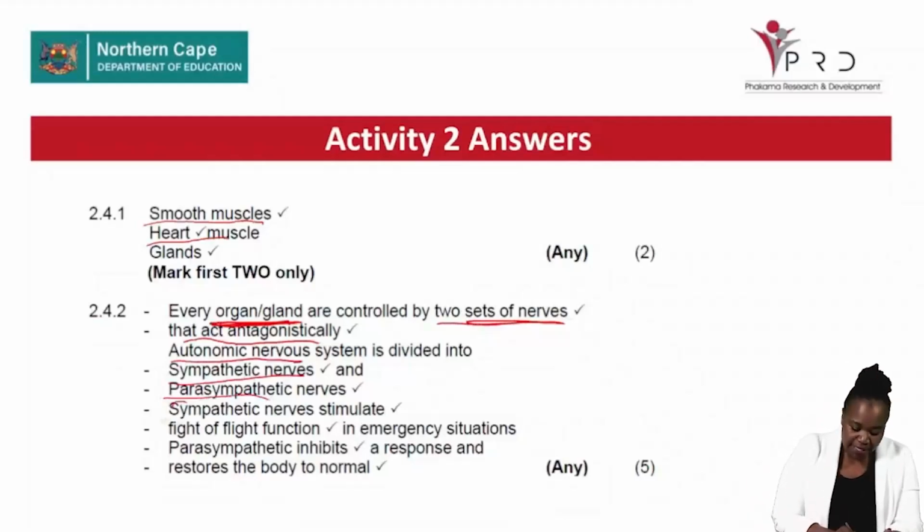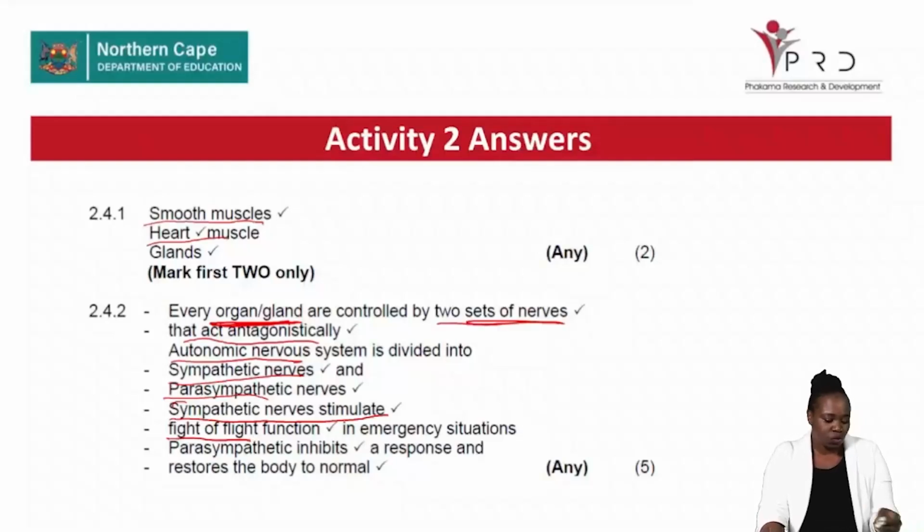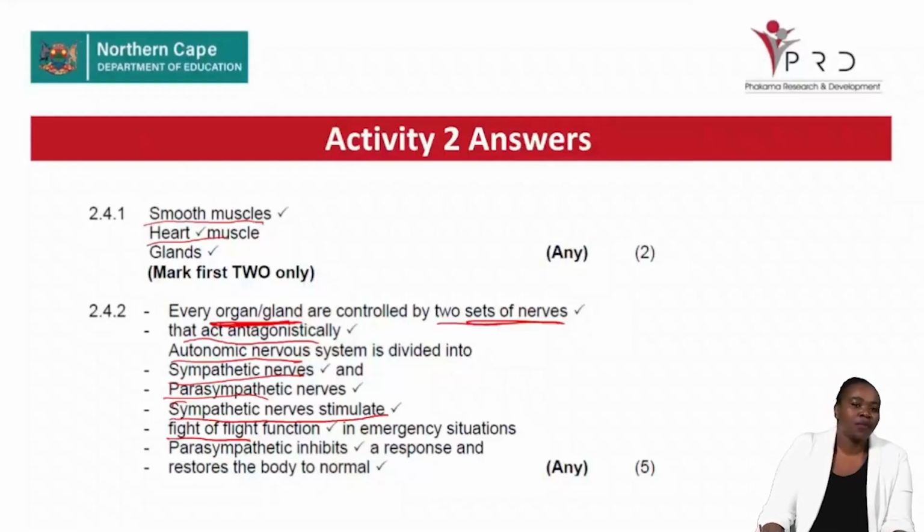Basically, the sympathetic nerves would stimulate the fight or flight function in an emergency situation, whereby you are either going to fight or run away from that situation. We gave an example of racing to complete that homework on time before it's time to submit.